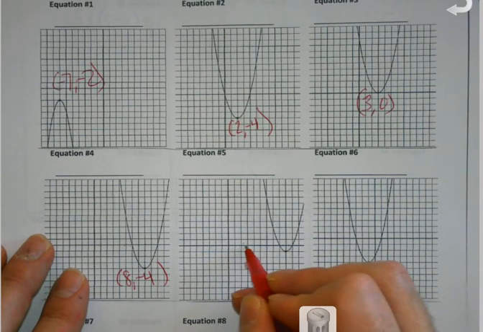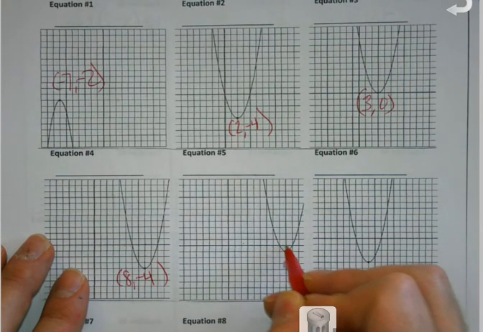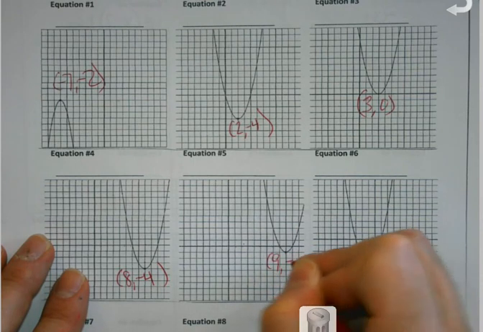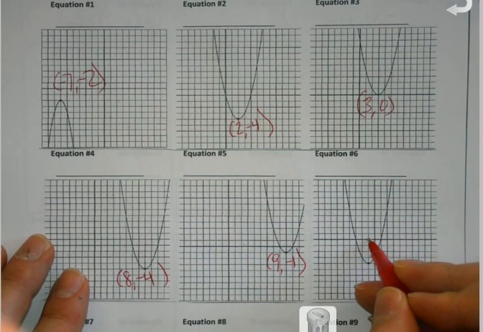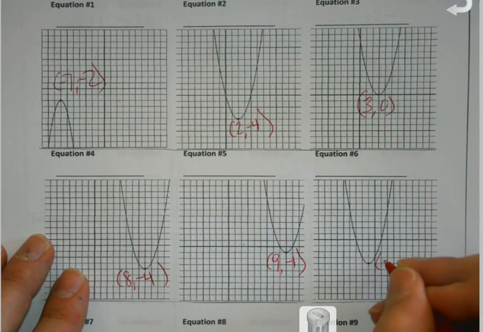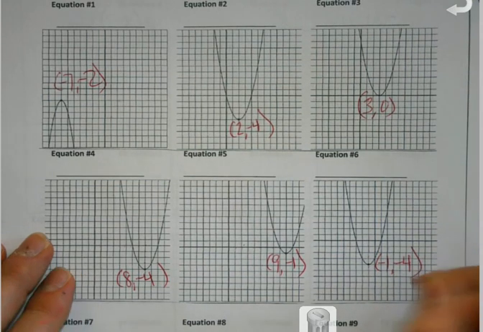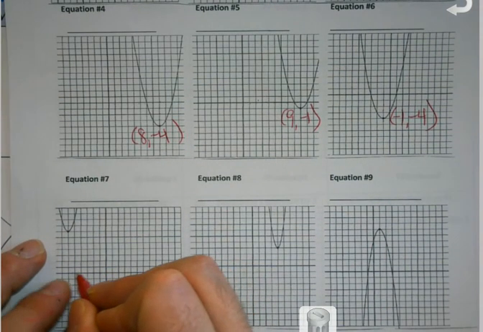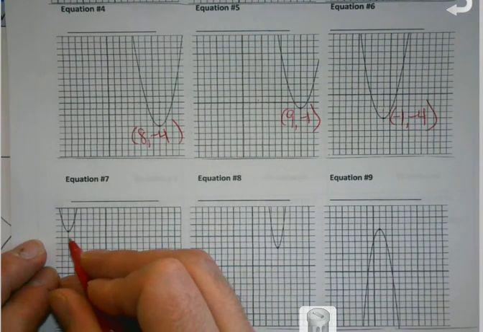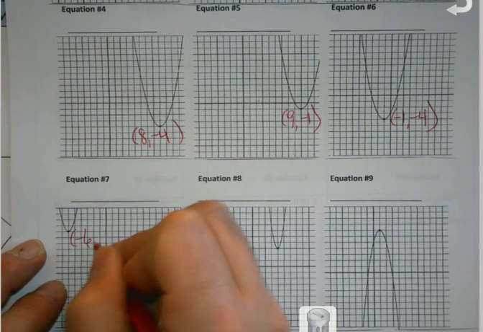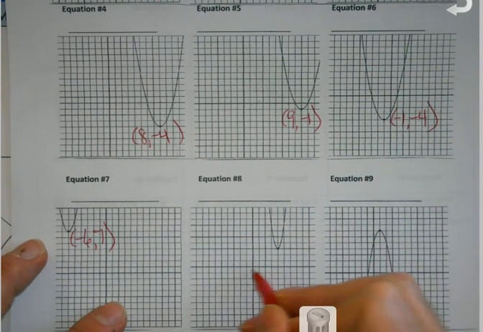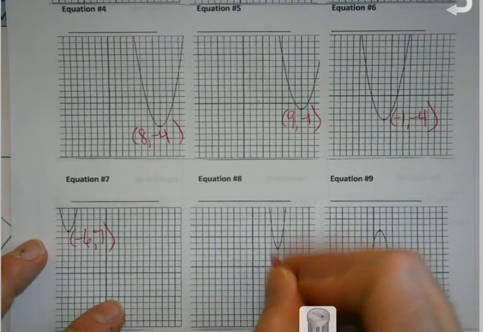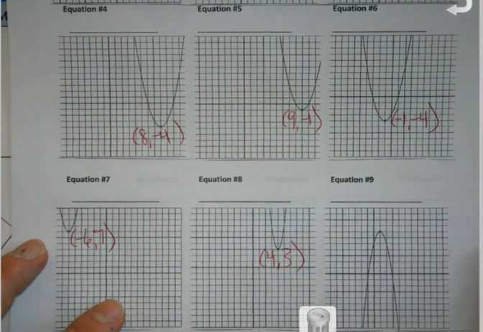All right, 1, 2, 3, 4, 5, 6, 7, 8. Keep jotting these down. We're almost there.